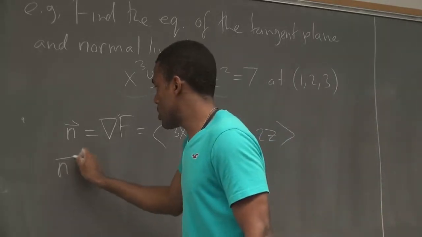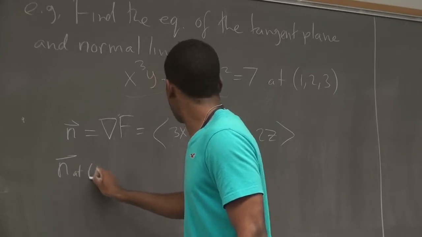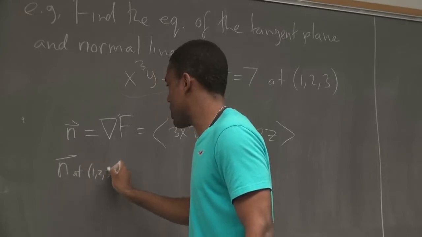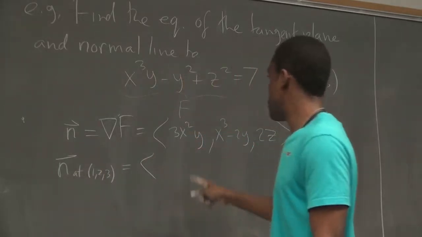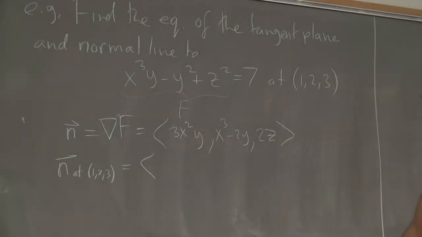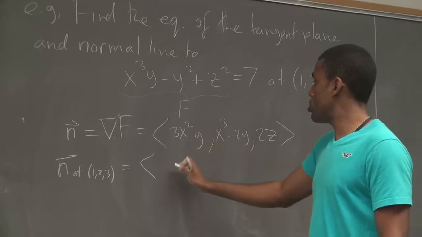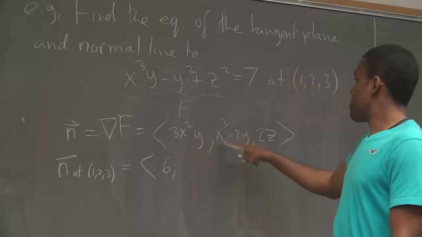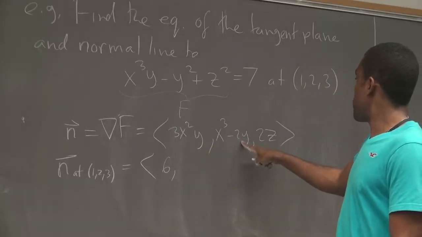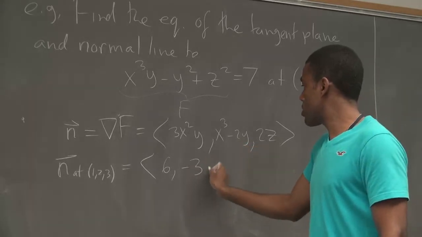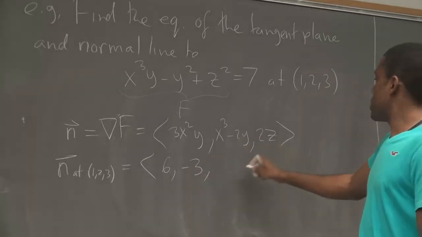So the normal at the point we care about, 1, 2, 3, I plug in 1, 2, 3 for x, y, and z respectively. That's 3 times 1 times 2, that's 6. This would be 1 minus 4 minus 3. This would be 6.